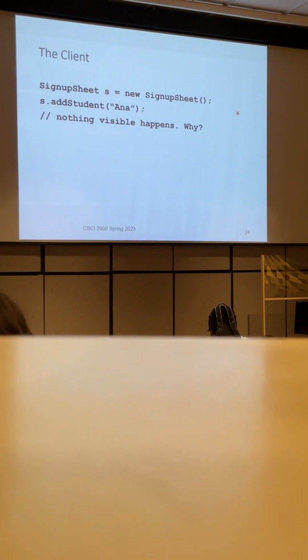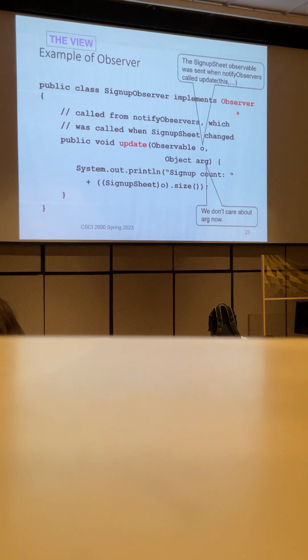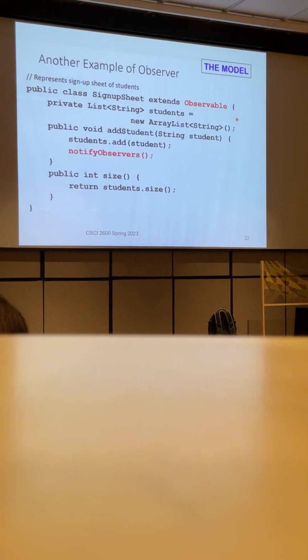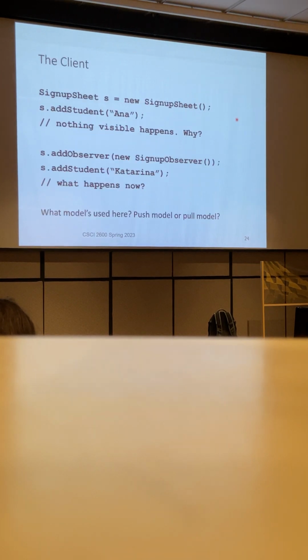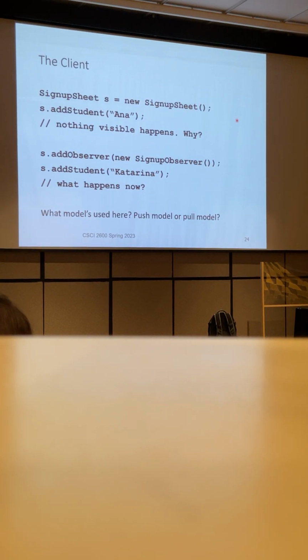Because in order for observers to be called by notify observers, those observers need to be added to their model first. The model needs to know which observers it needs to notify. So remember, there is an add observer method that we have to send the observer into, so that the model keeps track of those whom it needs to notify.